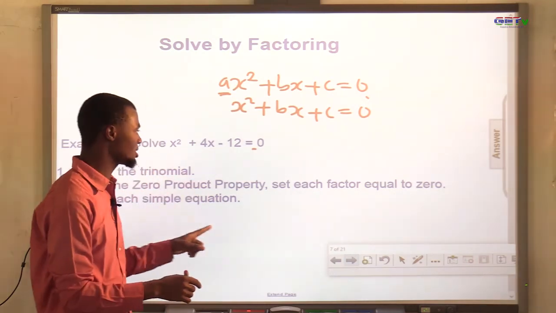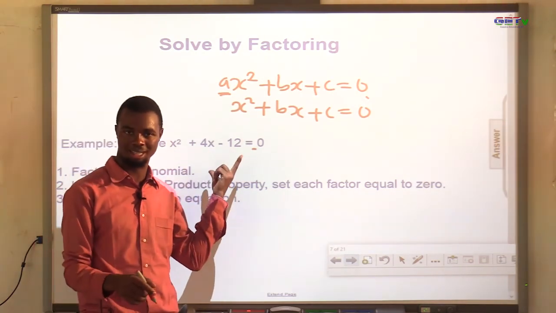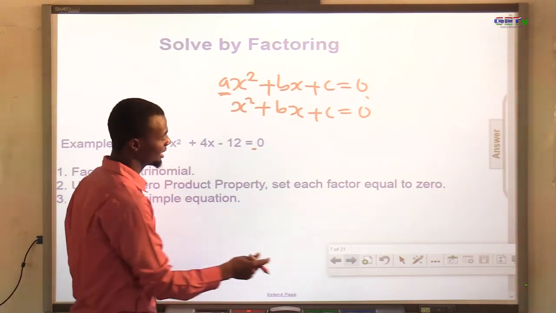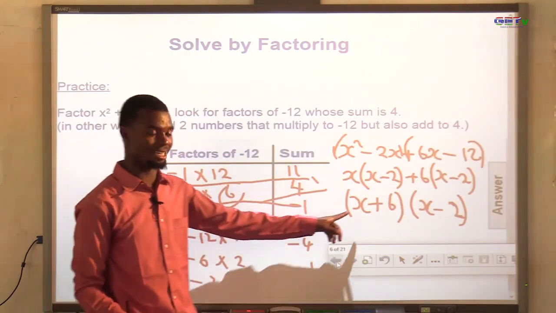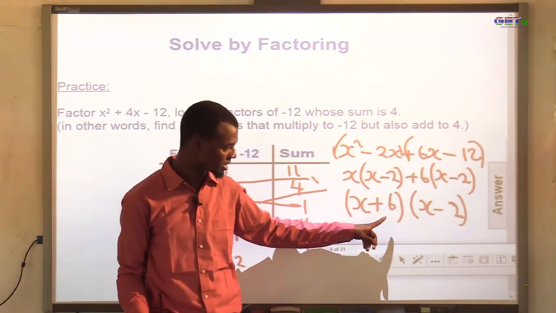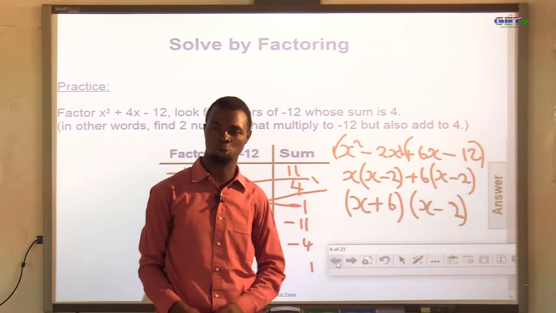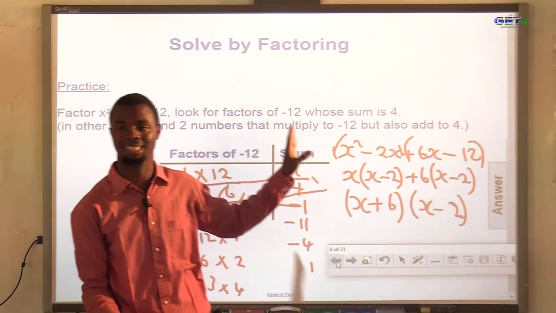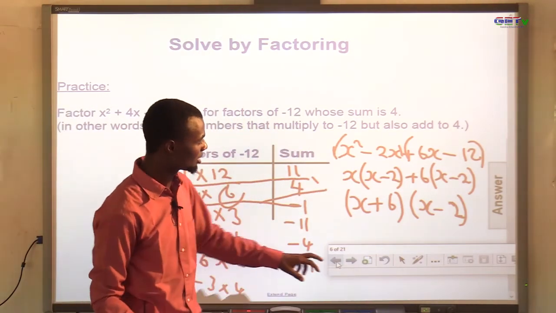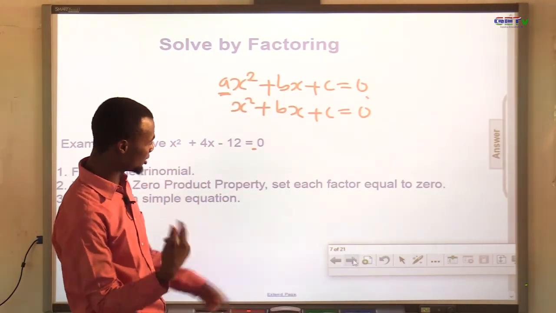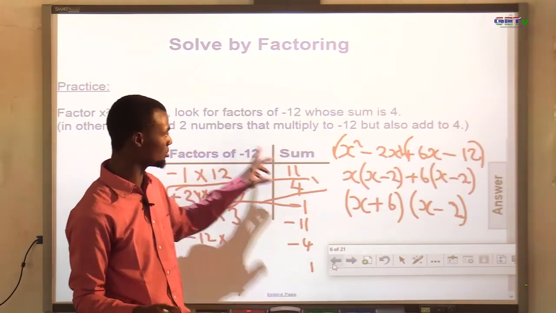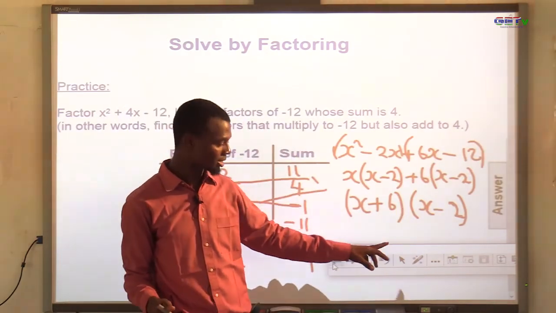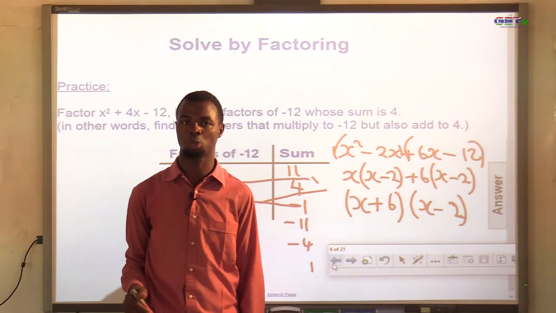When we factorize the quadratic expression at this end, we get it as this. x plus 6, x minus 2 is the same expression. This expression here is what is extended to be an equation now. You always have to remember this is solved for you as x plus 6 and x minus 2.